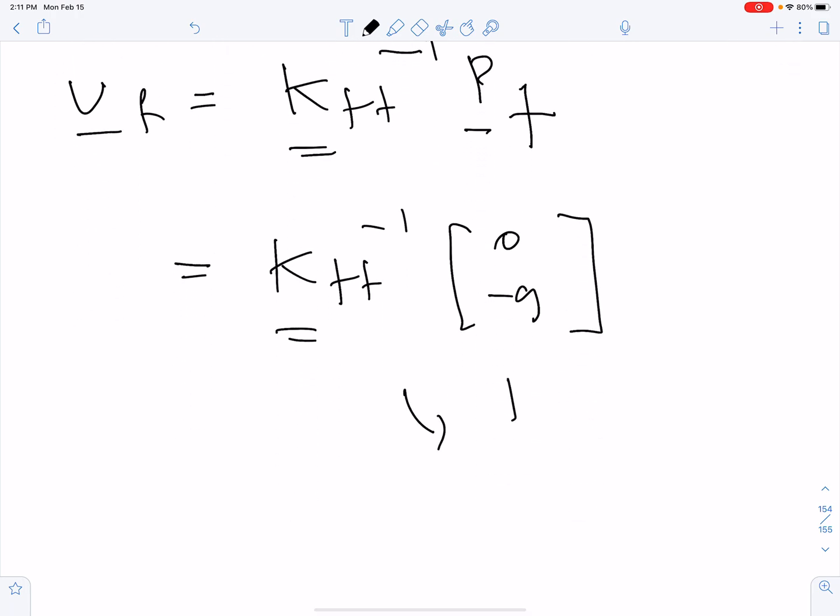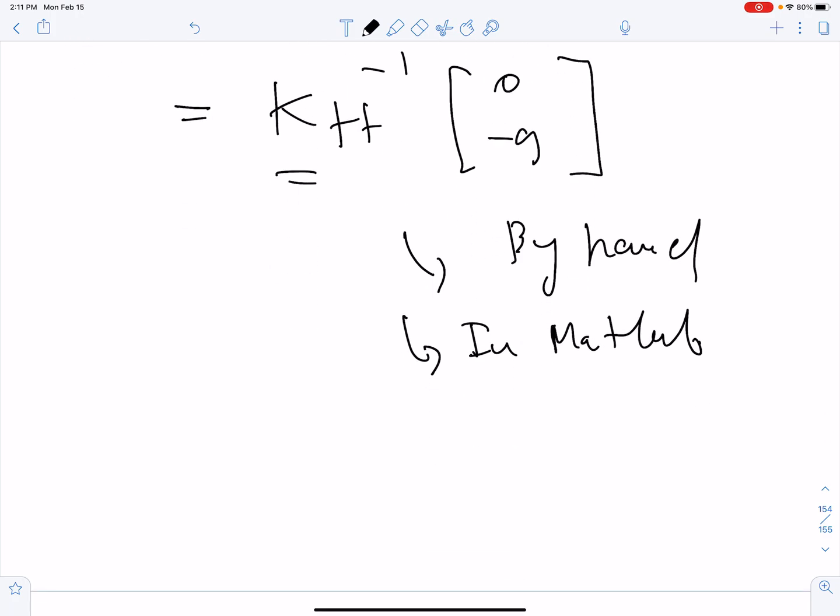So you can do this by hand for a 2x2 maybe, you don't want to go beyond that. Or you can do this in MATLAB, which you'll be doing later in the class, where you can say UF is KFF backslash PF. This would be the MATLAB command, and backslash will pick the best way to solve the system.